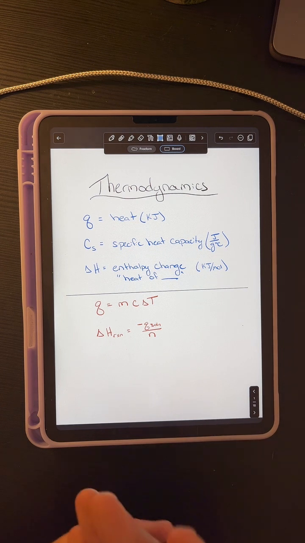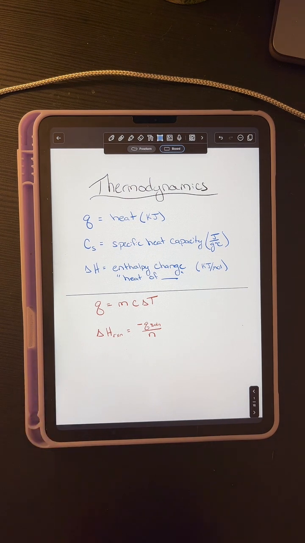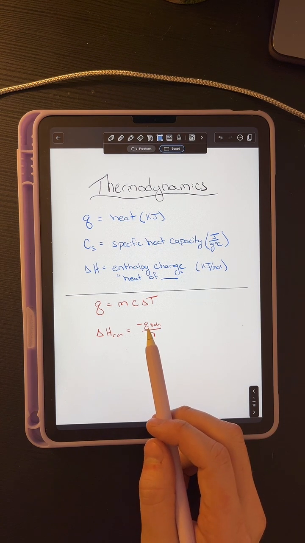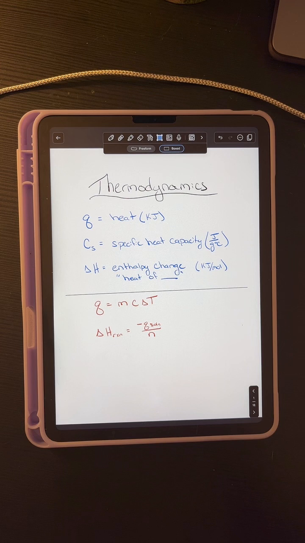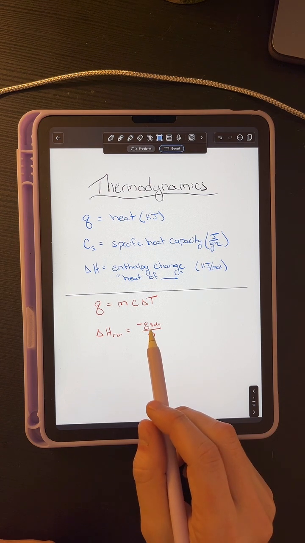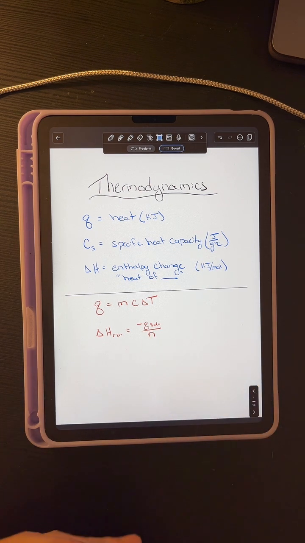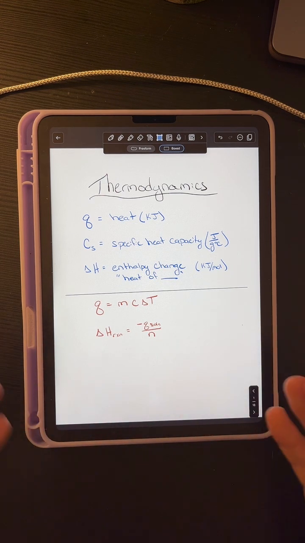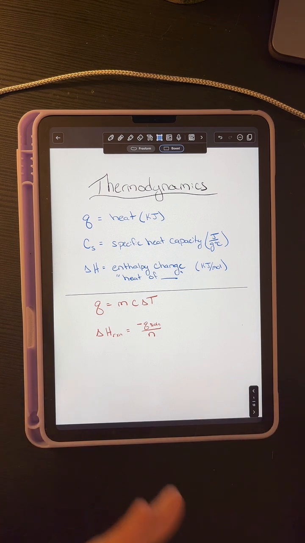Well, when we go through these problems, we'll see that what we can actually measure is the heat of a solution, the heat of the water in our solution. So we are going to be looking at water temperature changes, but that's not the actual reaction that is going on.